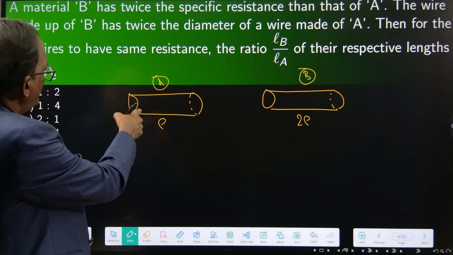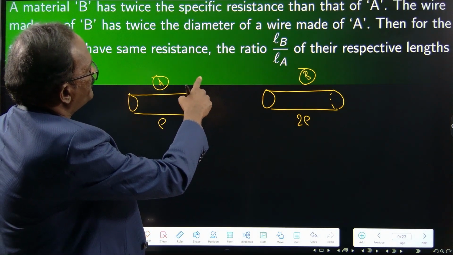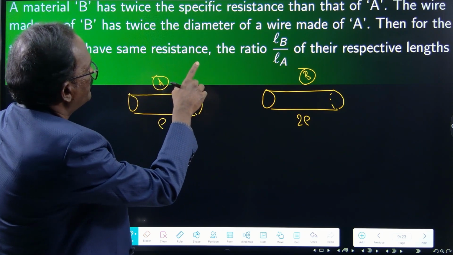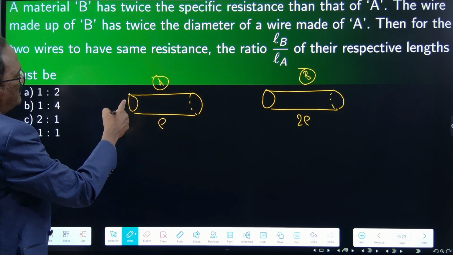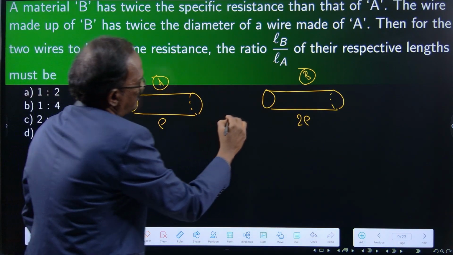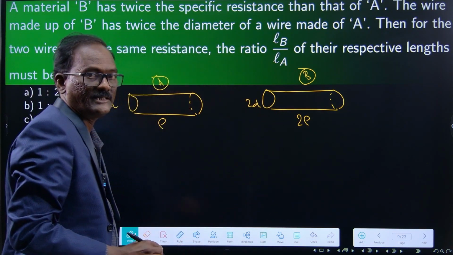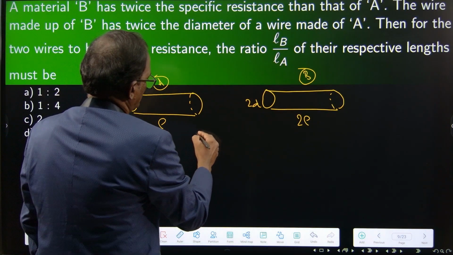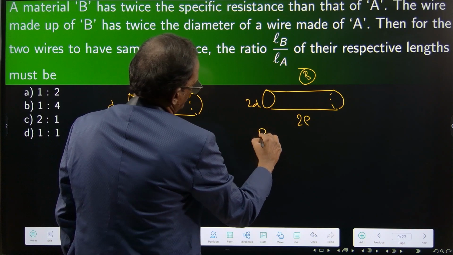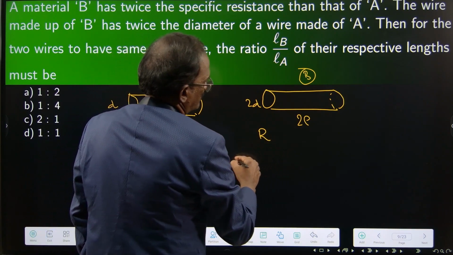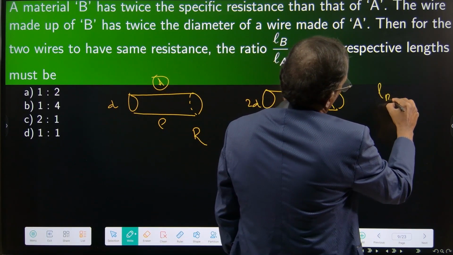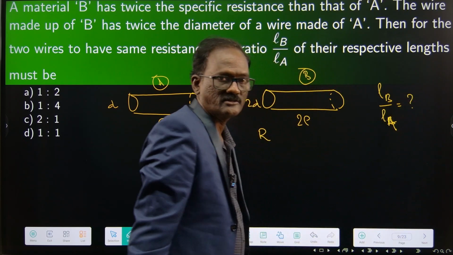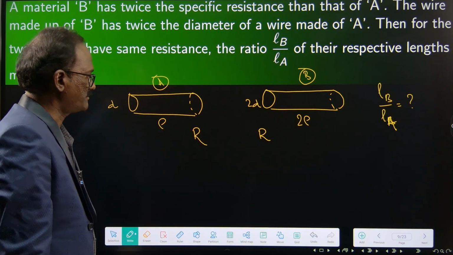The wire made up of B has twice the diameter of A. If it is D, then this will be 2D diameter. Then for the two wires to have the same resistance, R is same. The ratio LB by LA, the ratio of length, is what? This ratio is in question.